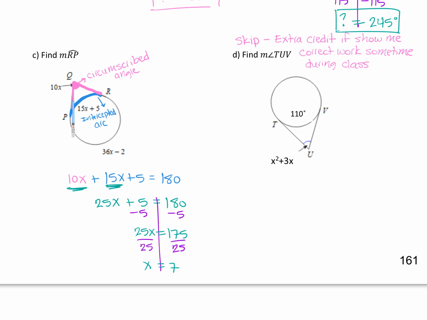So RP is the 15x plus 5. So 15x plus 5 is equal to 15 times the x, so we're plugging x in, which is 7, plus 5, and that is equal to 15 times 7 plus 5, which is 110 degrees.